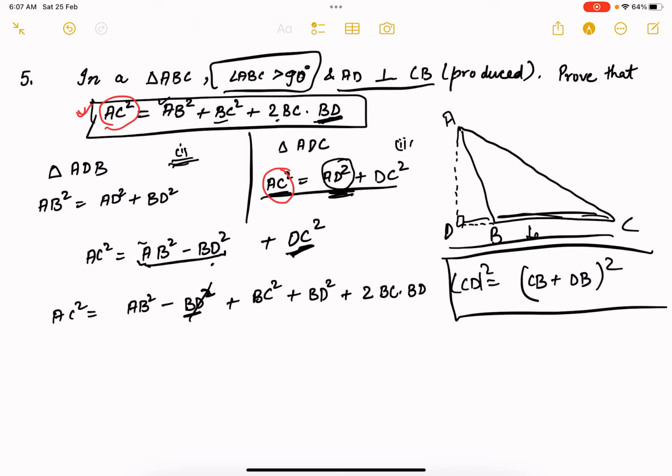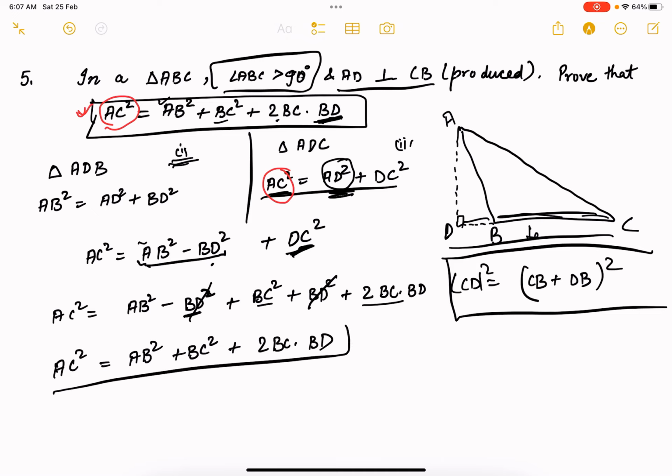So again BD square cancels and we are left with AC square is equal to AB square plus BC square plus 2 times BC into BD. Hence our final result is proved. Hence proved.